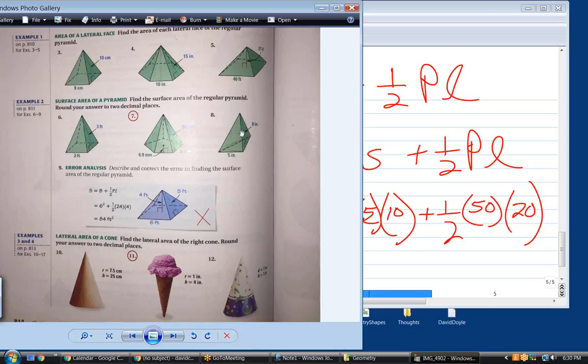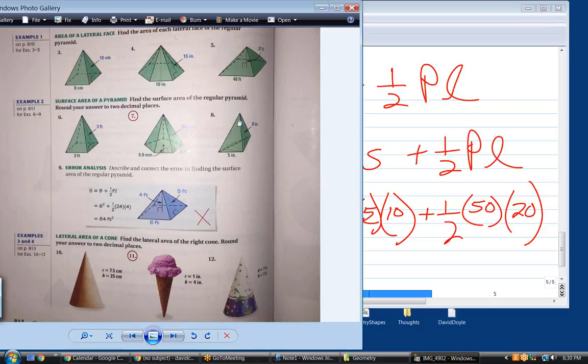This number 8, don't look at that. They call that a regular pyramid, which means that right angle, that's lambda. 8 inches is lambda. But that face does not make a right angle with the base. It looks like it does, but it doesn't. It's more like these regular pyramids. All regular pyramids have the vertex directly above the middle.